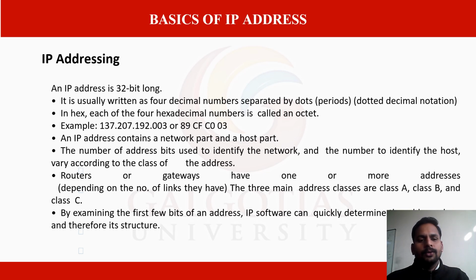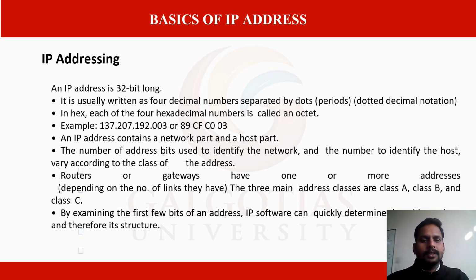In general, we do not use binary notation because we give decimal notation only. But as we know, our machines process only binary information, so whatever decimal notation we give to the system is converted into binary and then processed.